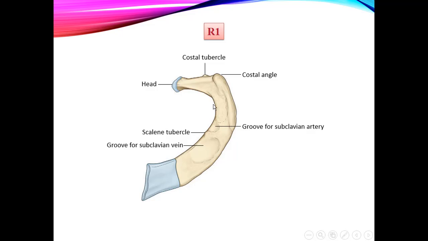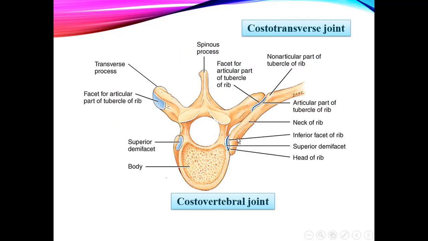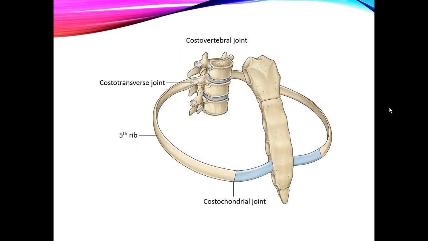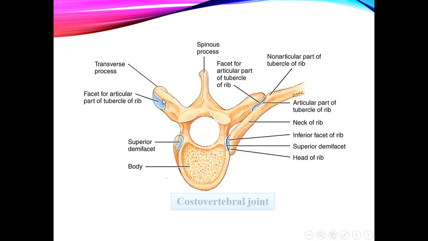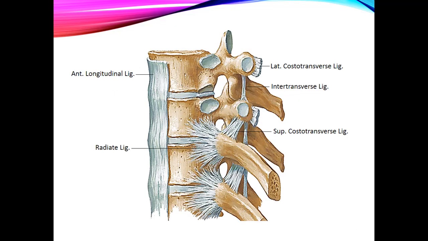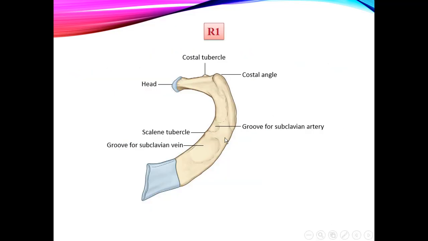In addition, unlike the typical ribs, it has the superior and inferior surfaces. As I said, a typical rib contains external and internal surfaces, yeah? Whereas the first rib has the superior and inferior surfaces. So it has internal and external borders, not surfaces.